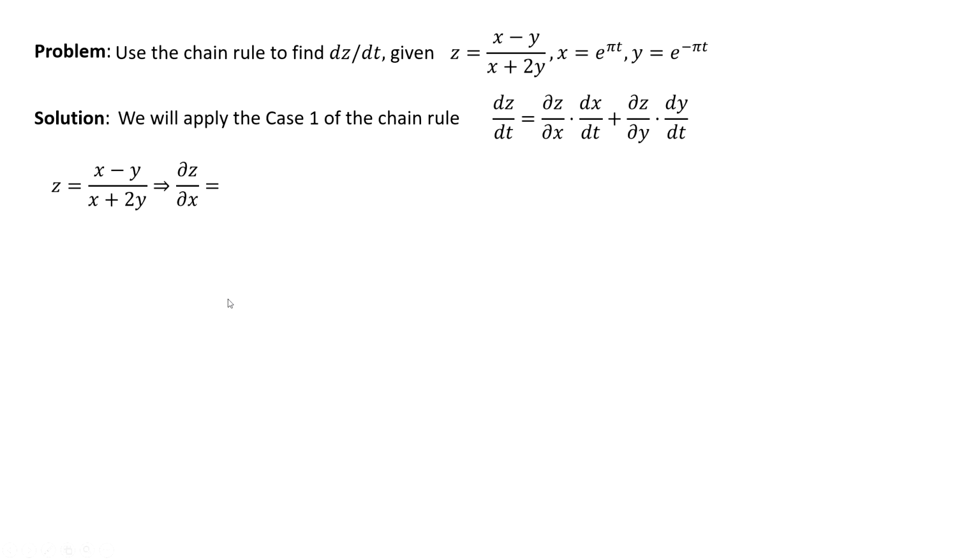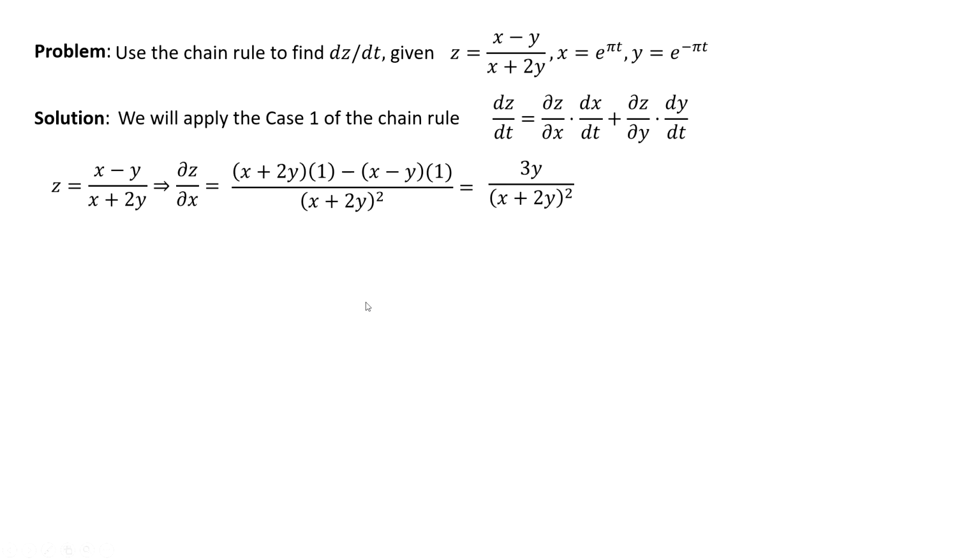I think I used what? Yep, the quotient rule: x plus 2y times 1 minus the numerator times the derivative of the denominator with respect to x, so y would be held constant, over the denominator squared, which is that good old low d-high minus high d-low over low low, right?